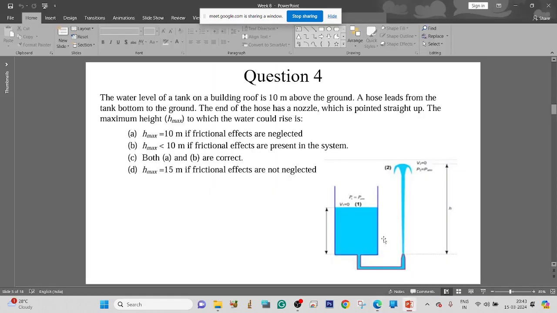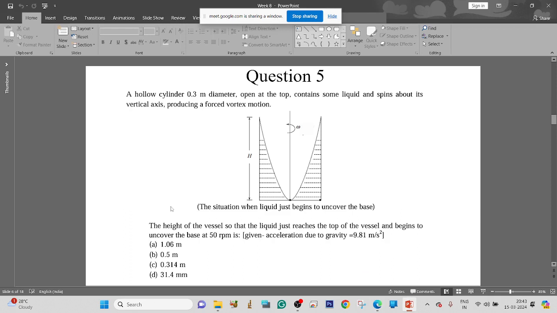Okay. Now a hollow cylinder of 0.3 meter is open at the top, contains some liquid and spins about its vertical axis, producing the forced vortex motion. The liquid just begins to uncover the base. Find the height of the vessel so that the liquid just reaches the top of the vessel and begins to uncover the base at 50 rpm.